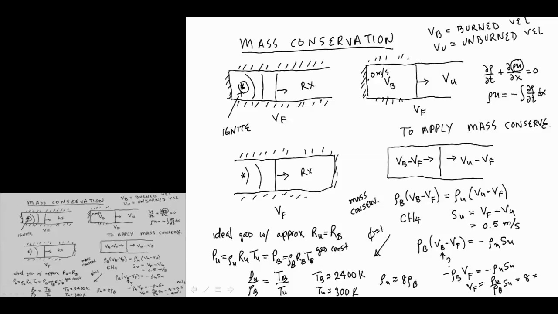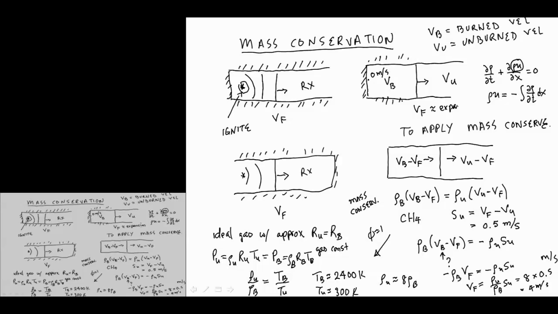Even though the fundamental velocity is 50 centimeters per second, half a meter per second relative to the unburnt gases, the unburnt gases are moving because of this expansion process, so the flame has to overtake them and has to go much faster. Sometimes we call this an expansion velocity. It's the velocity associated with this density change that causes the expansion and then requires this overtake of the unburnt gases. Okay, does that make sense?